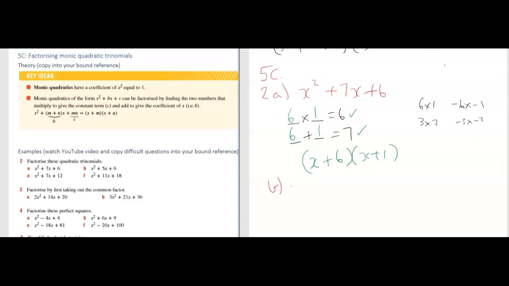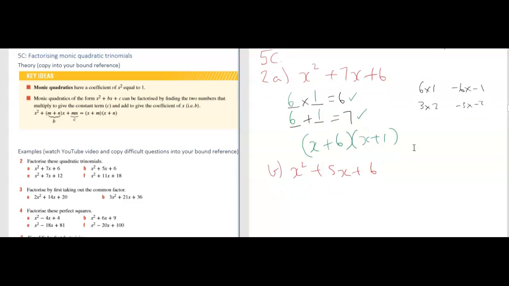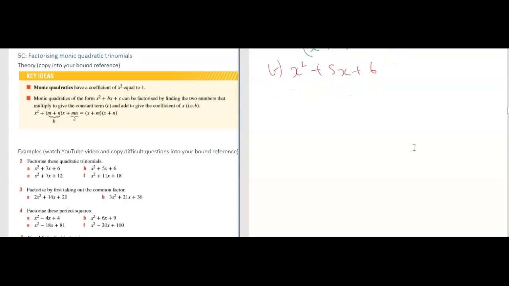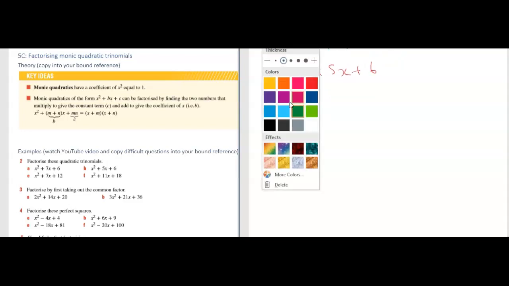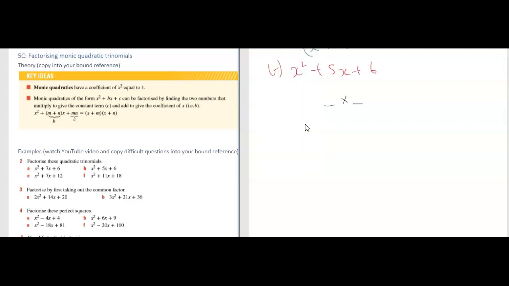Question B. We've got x squared plus 5x plus 6. Some people would be able to just look at those two numbers and know what it's going to be. We need two numbers that when multiplied give you 6, and when added give you 5.